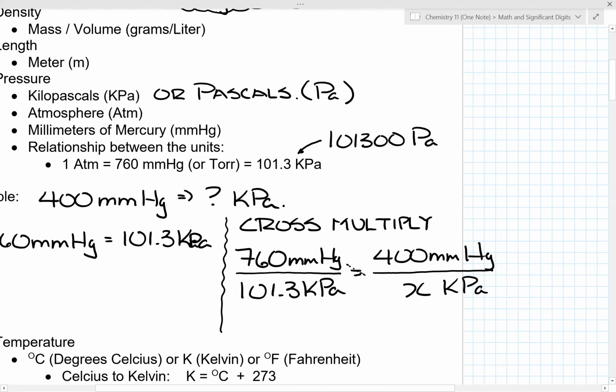And you cross multiply. I think you remember that in grade 8 math or grade 9 math. And then you get an answer of how many kilopascals?